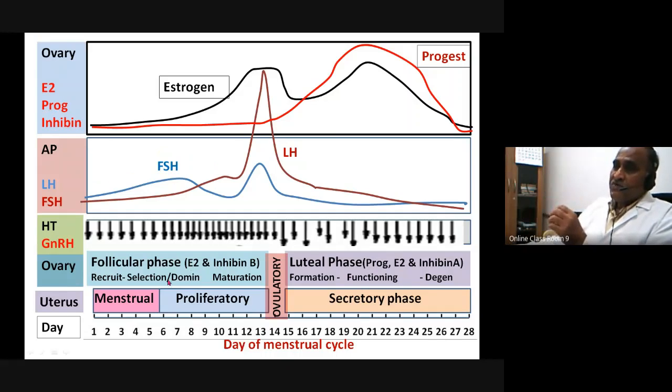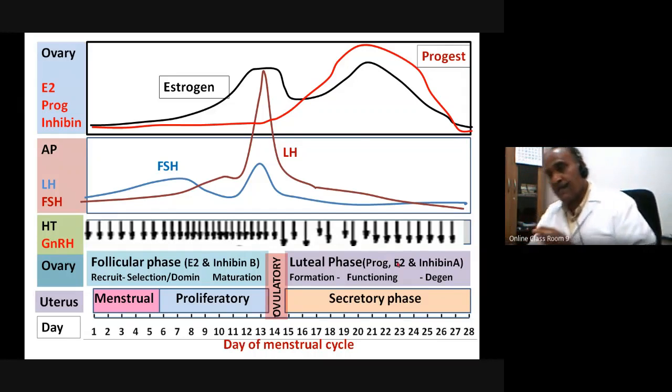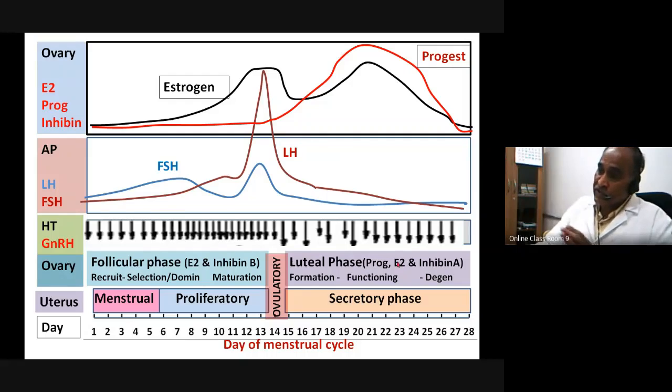Then when it comes to the point of ovulation, that ruptures and releases the ova, then forms the corpus luteum, and the corpus luteum is formed and it functions, and subsequently if there are no gonadotropins or there are no pregnancy related hormones coming, that is what is called a human chorionic gonadotropin.